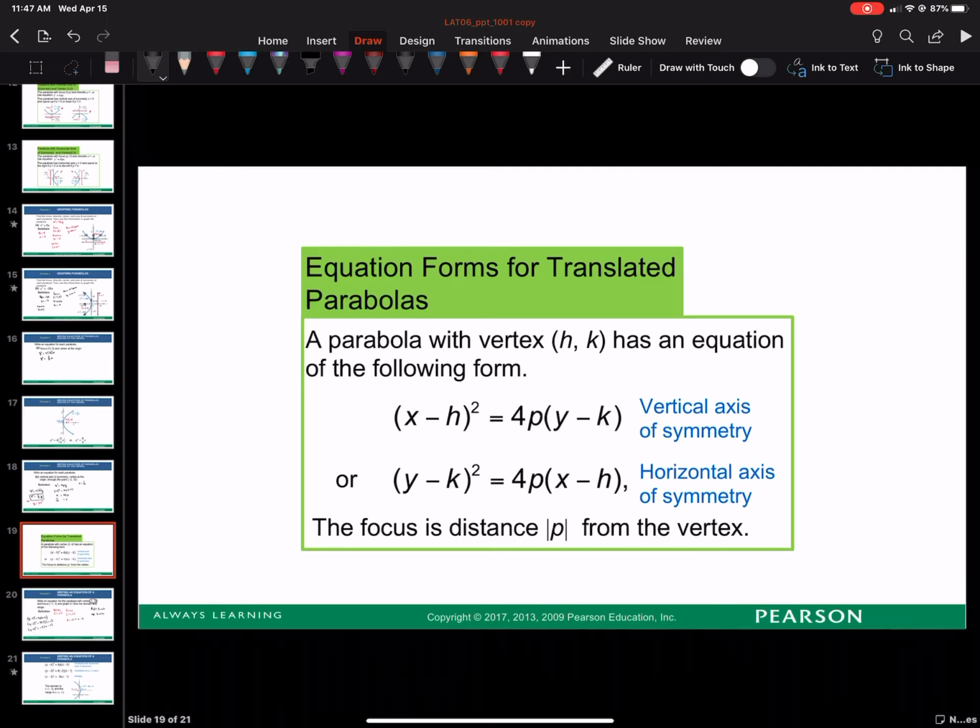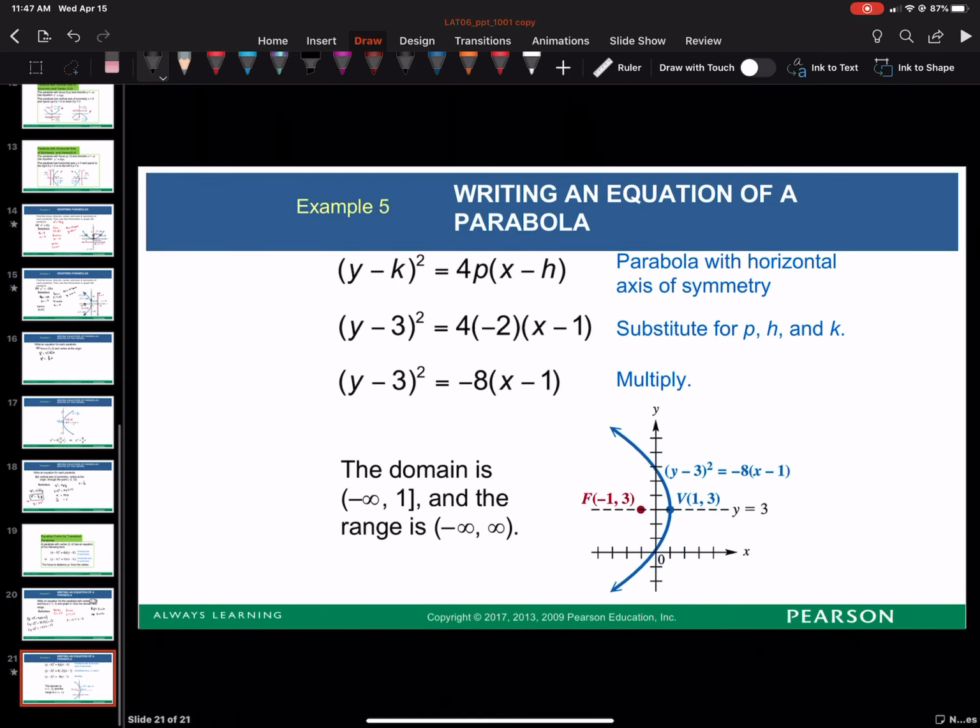So we have to subtract the two x's. You see I had -1 minus 1 to figure out the distance. If you look at the actual graph itself, it's 2 units. You move 1, 2 units. That's why p is -2, because it opens to the left.